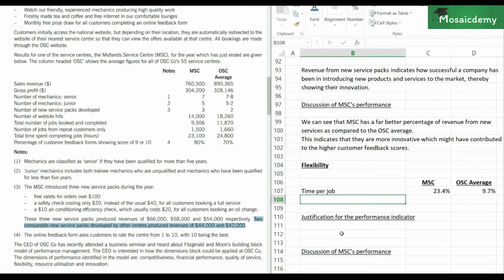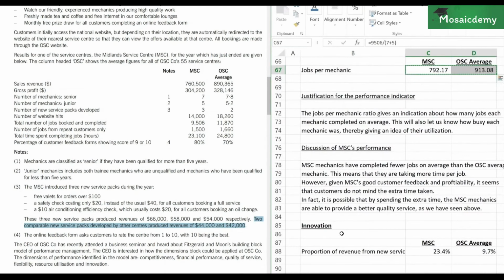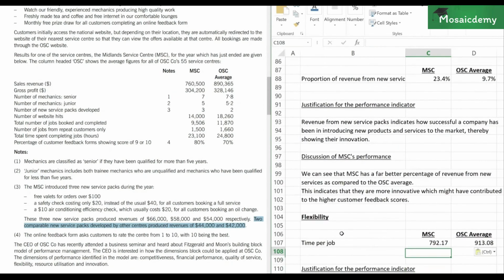Okay. So time per job for MSC, well, we'll need the format without the percentage, so we can just copy paste this over here. So time per job for MSC, total time is 23,100, and we have 9,506 jobs.